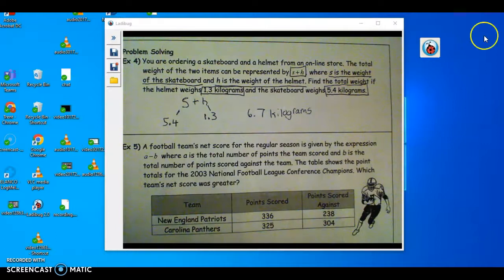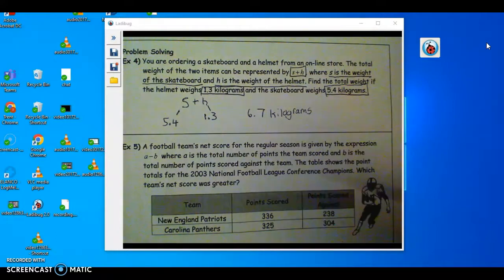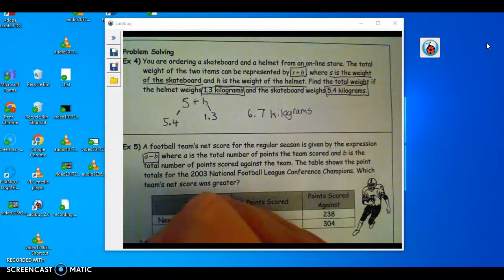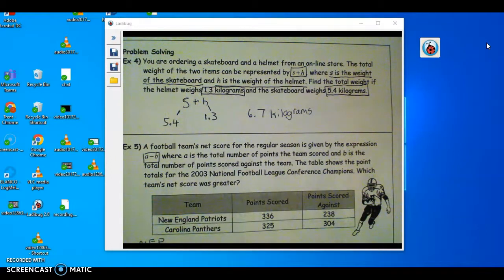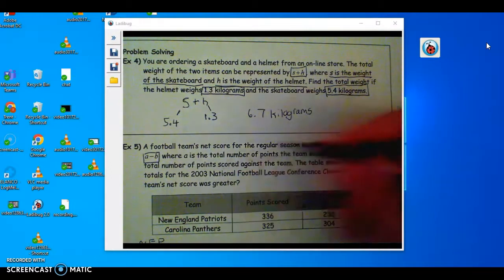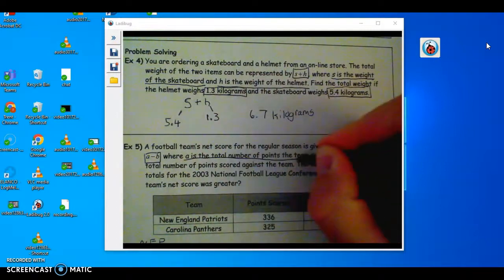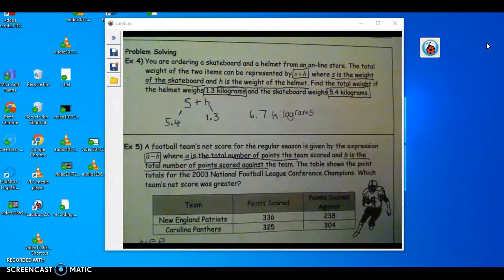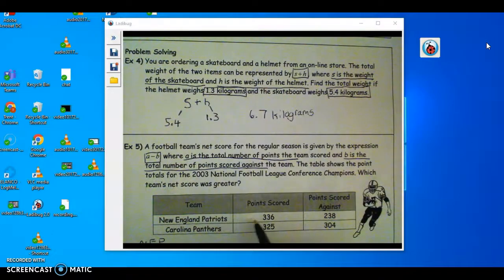Okay, so again, to find net score, we are just doing A minus B. So starting off for New England Patriots, I'm going to abbreviate that NEP for New England Patriots. Okay. A is the total number of points that they scored. B is the total number of points scored against them. All right, so the New England Patriots, their A is 336.